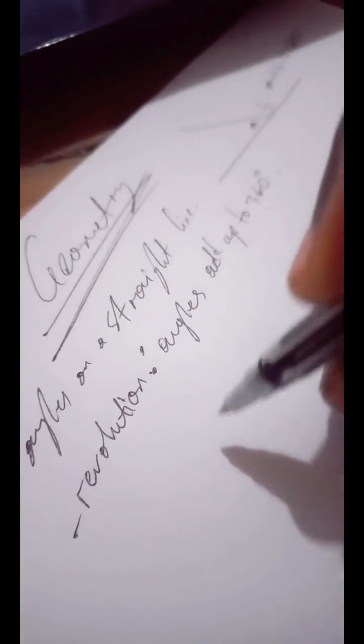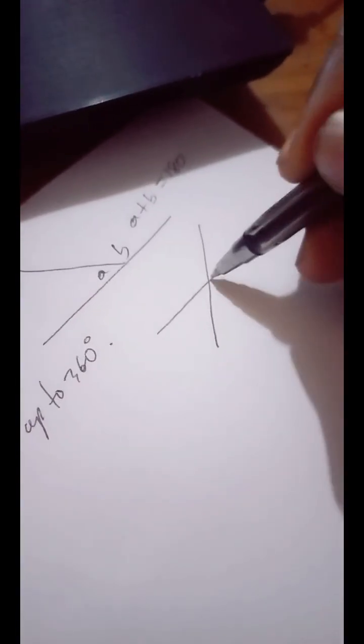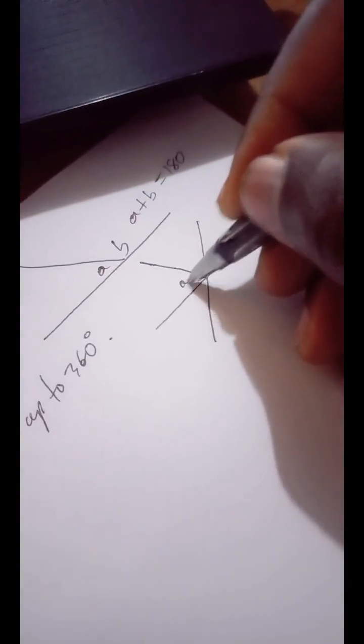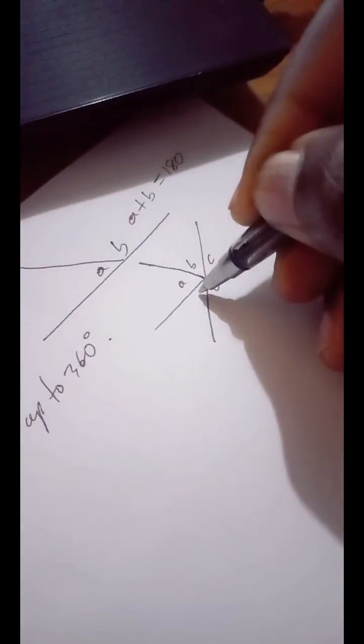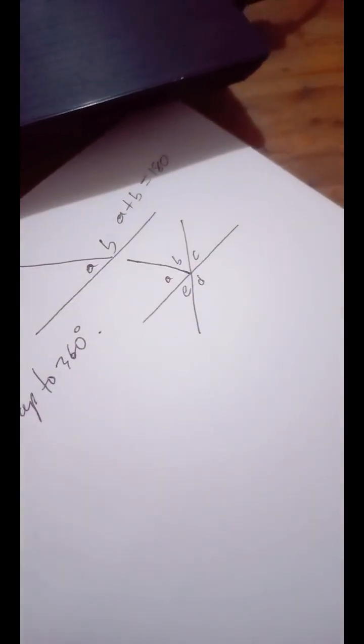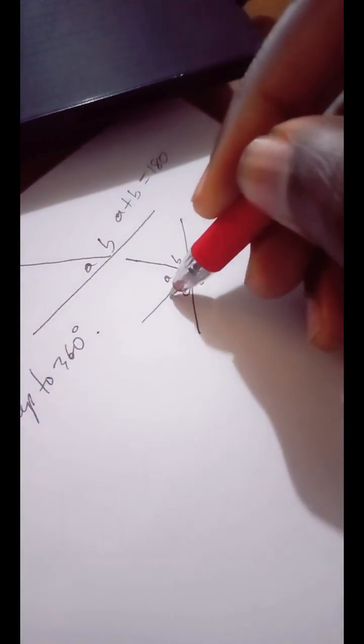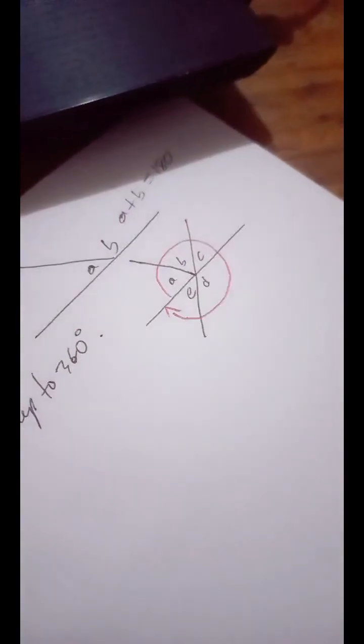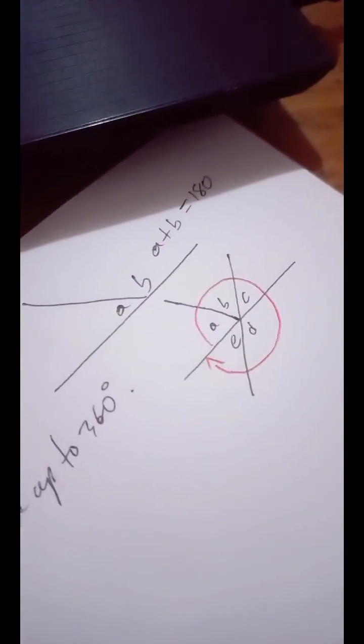We have angles like this, or even another one: A, B, C, D, E. They start here, right round, coming back. That's a revolution.